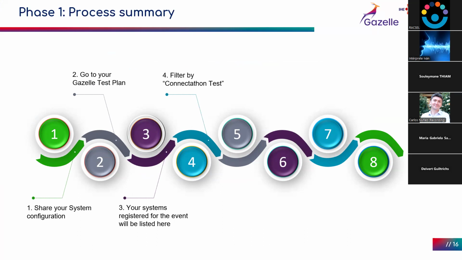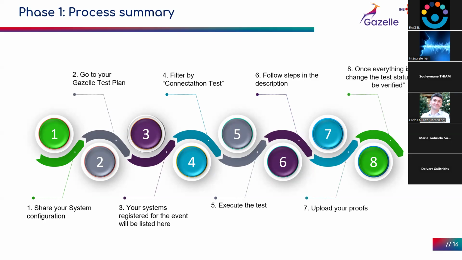After that, this is not mandatory, but you can filter by Conectaton test, but it is not mandatory because all the tests are of this type. Now you need to execute the test as I showed you in the demo. You need to follow the description of the test, upload your proof, and once everything is done, you need to change the status of the test to be verified.